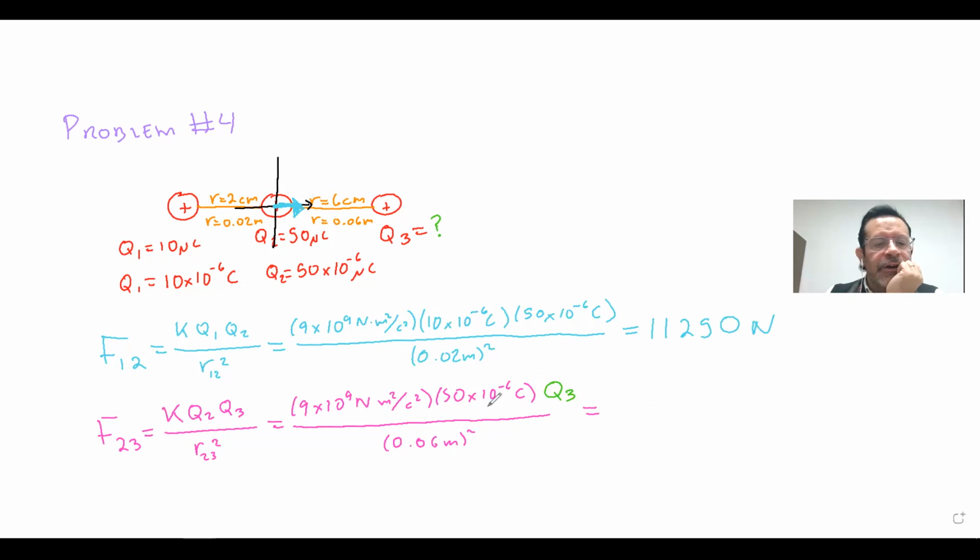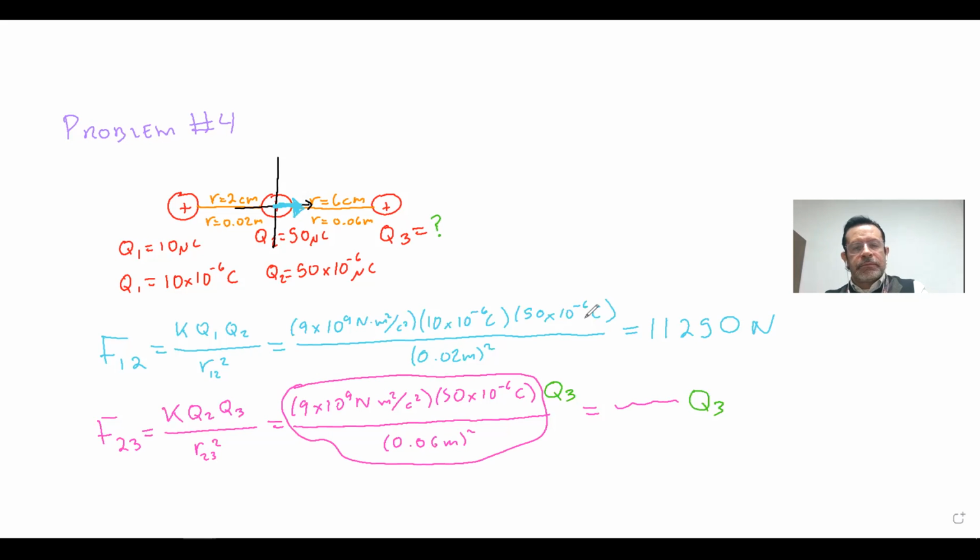And over here, we don't know Q3, so we're going to have something multiplied by Q3, and this something is this calculation here. Can you give me that value, please?